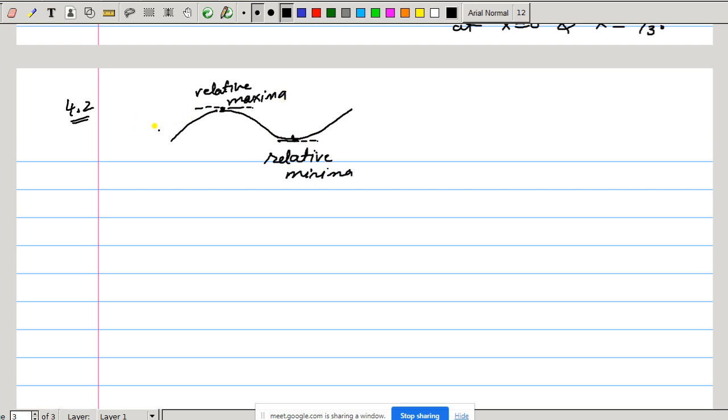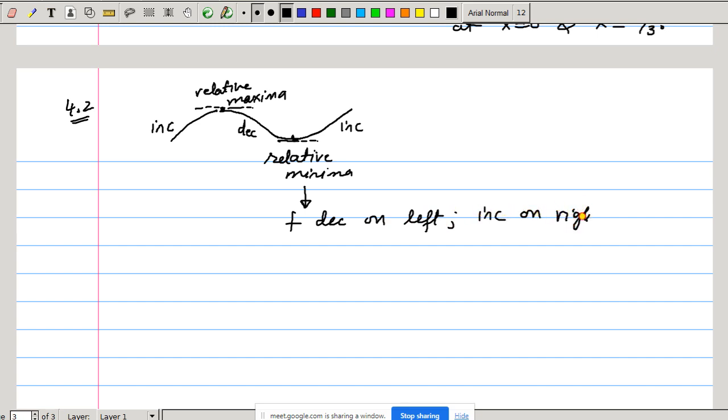So see what is happening on the left. Your function is increasing on the left and decreasing on the right. Here your function is decreasing on the left and increasing on the right. So for minima, your f decreases on the left side and increases on the right side.